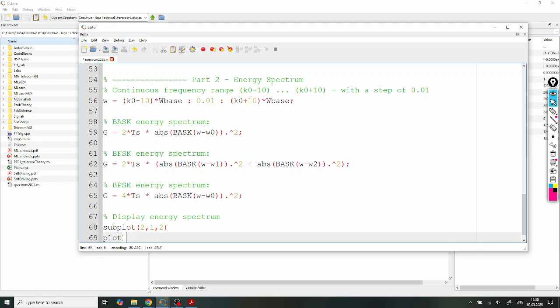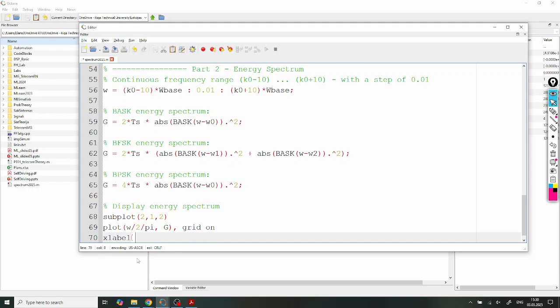The X-axis shows us frequency omega. Omega is in radians per second, so let's convert that into hertz by dividing by 2 pi, and then we display G. So the X label is going to be frequency, hertz, and the Y label is going to be energy.